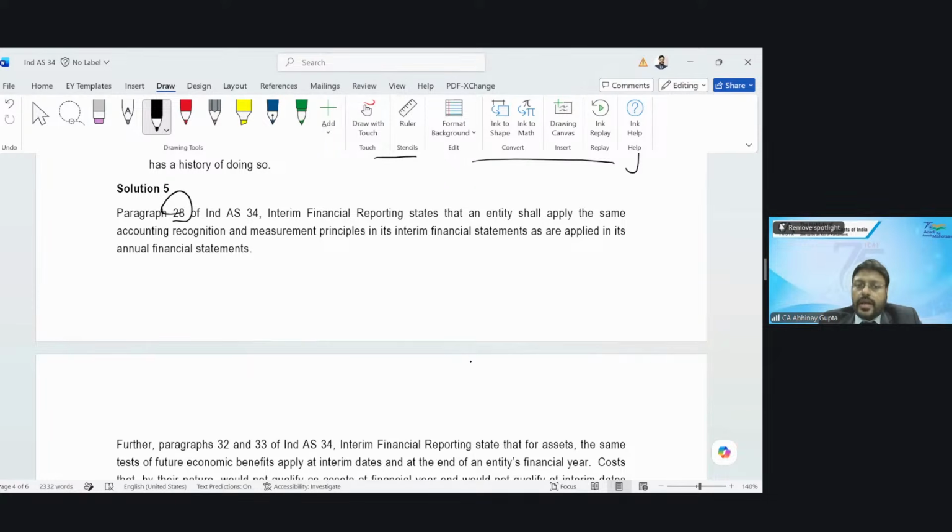If you are able to recall the number of the standard, do mention that, right? Because it shows your confidence in your answer that yes, you have understood the facts correctly. You picked up the right standard to which the facts are related, because in the class we know for a fact that we are talking about Ind AS 34, and hence we are thinking through the lens of Ind AS 34 only.